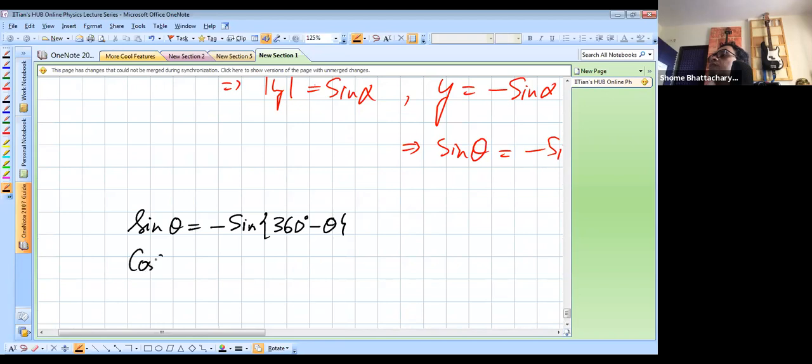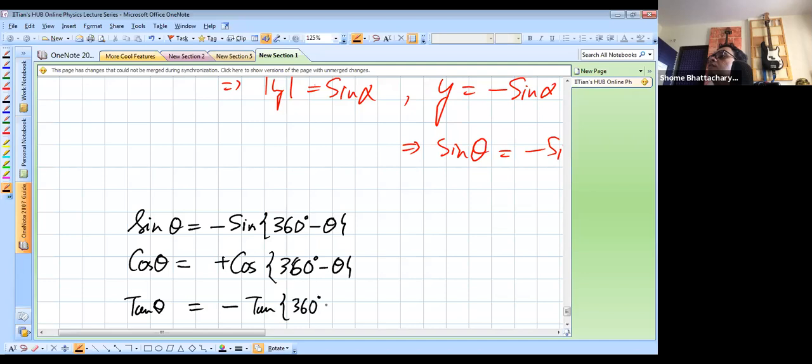And cos of theta is positive of cos of (360° minus theta). And therefore tan theta, which is just the ratio of these, is negative of tan of (360° minus theta). So these become the formulae for quadrant 4.